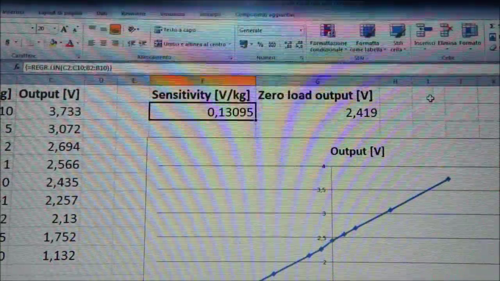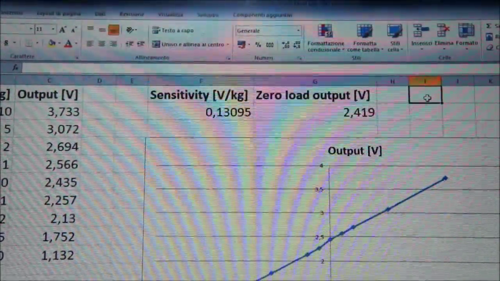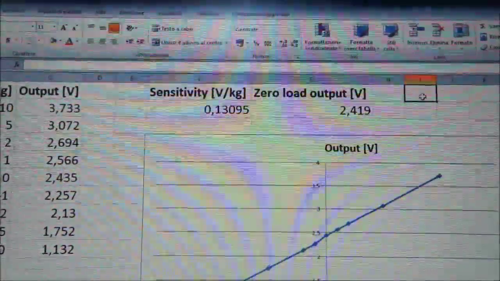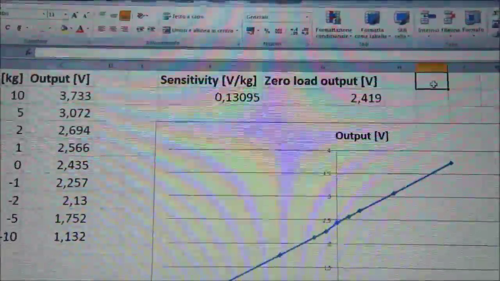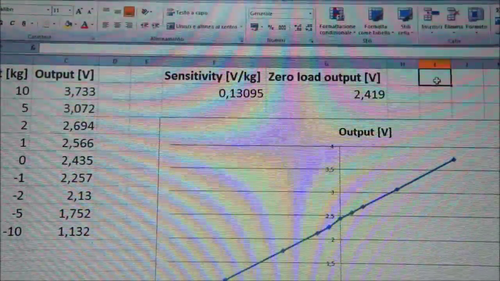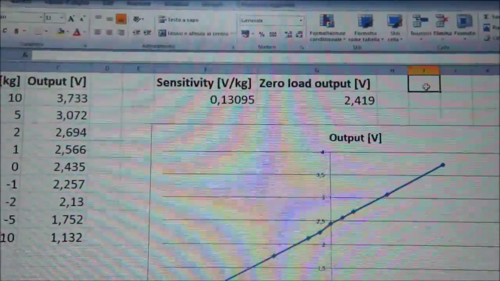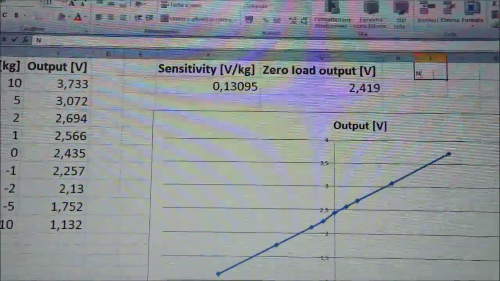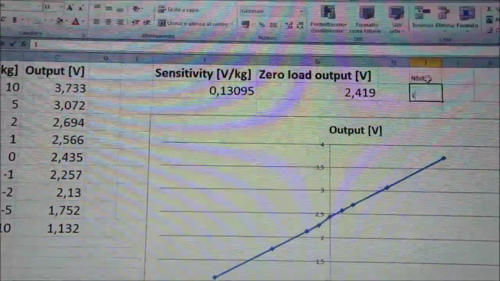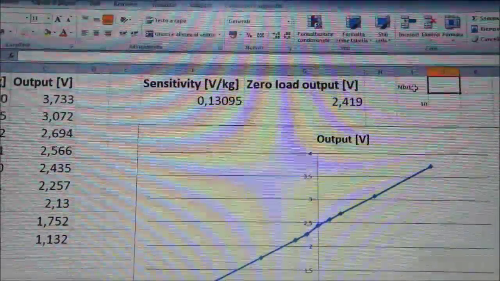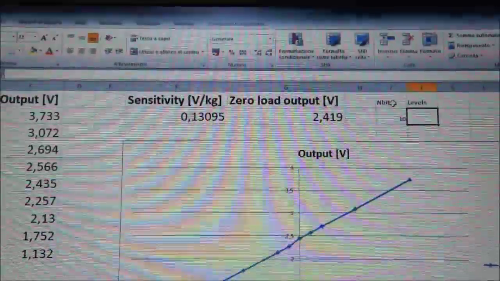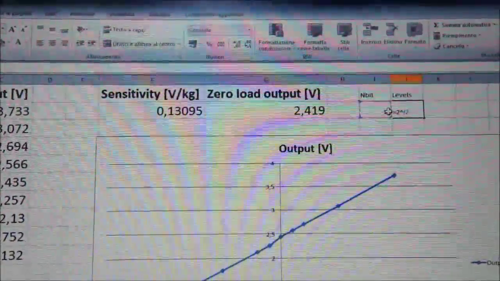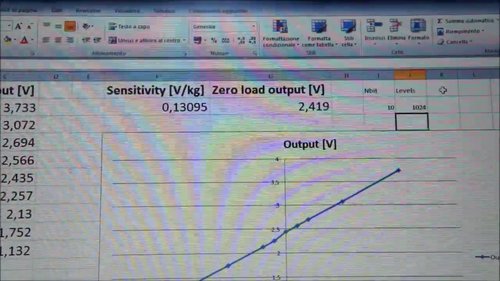If we want to add something more, for instance if you would like to use this calibration with the Arduino board, we can estimate the conversion between bits and the load applied. We have n bits, which for Arduino is 10 bits, equal to 2 to the power of the number of bits levels.